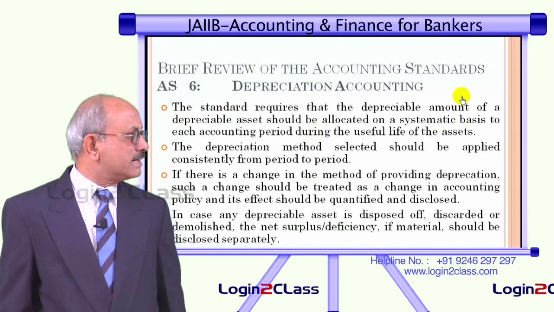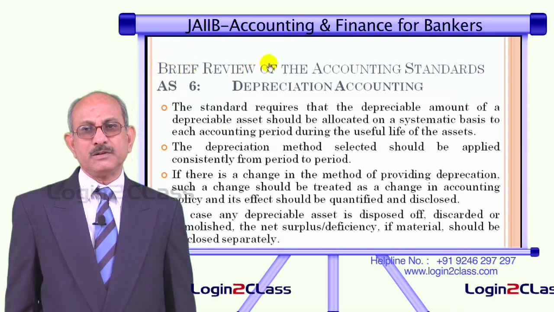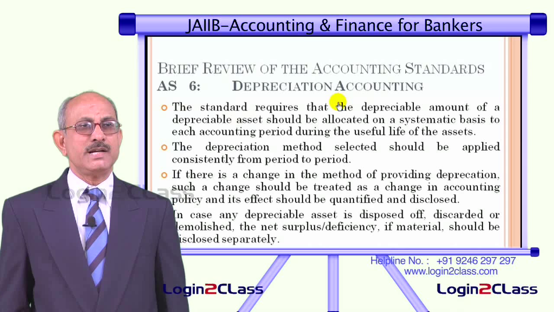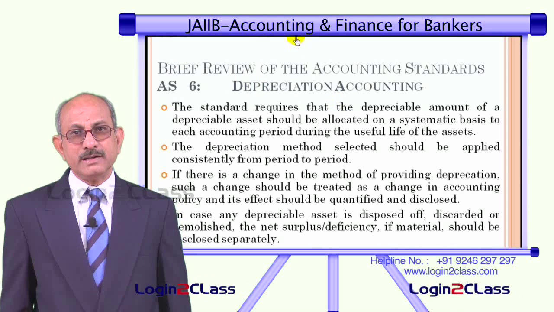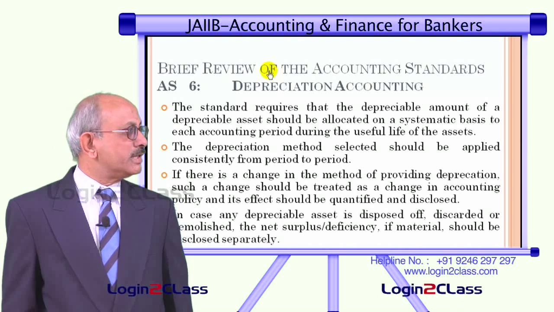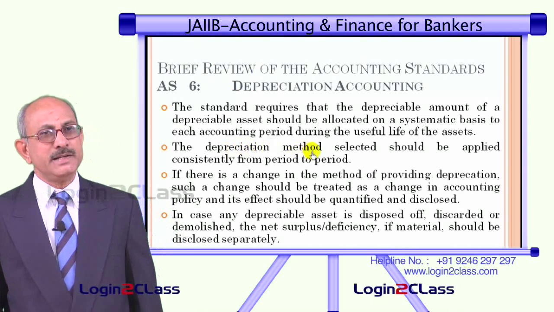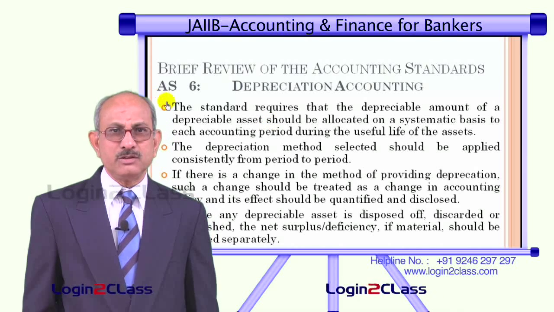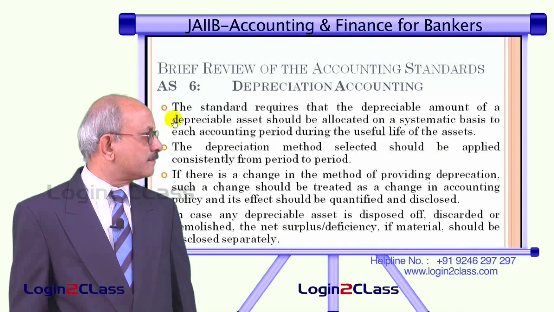So, the standard tries to restrict the different methods of computation of depreciation to certain methods, and also states what disclosures are required to be made in the event of a change in the method of computing depreciation. So, this standard mainly deals with what method is to be used and what happens when there is a change in the method of depreciation.